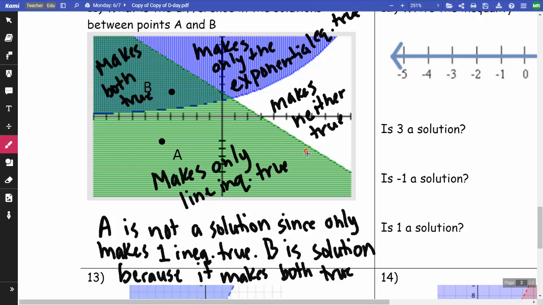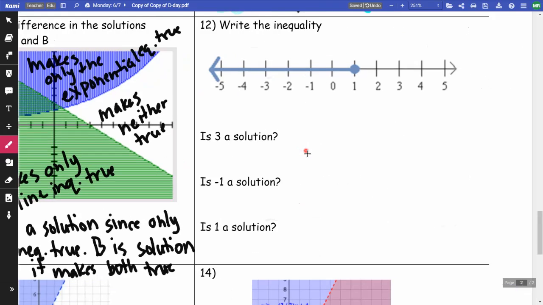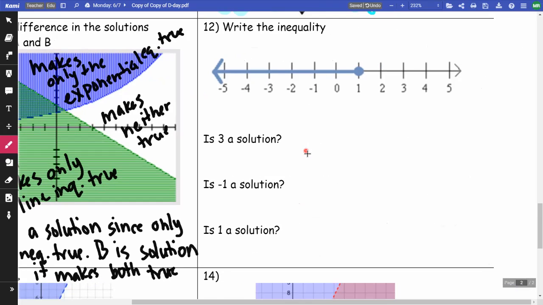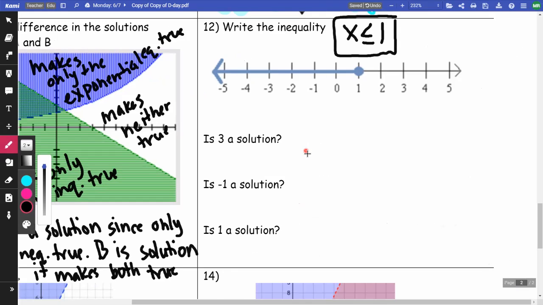On number 12, write the inequality for this. So I'm going to have my x. It's going to be less than or equal to 1. That's my inequality for that picture. Then it's asking, is 3 a solution?